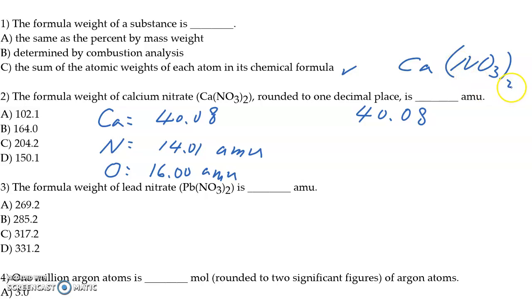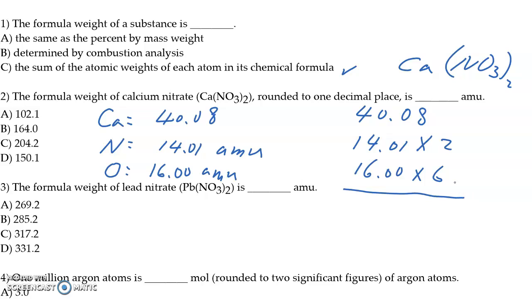There is a 2 over here. This 2 belongs to both the nitrogen and the oxygen. How many oxygen atoms? It will be 2 times 3, that will be 6. So as for nitrogen, I have 2: 14.01, I have to multiply that by 2. And as for oxygen, it is 16.00, I have to multiply that by 6.